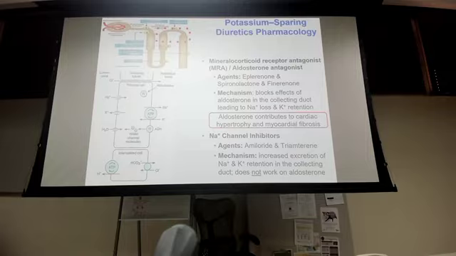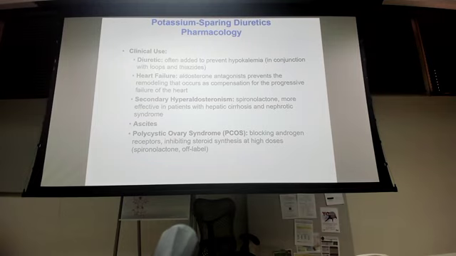That's the big difference between the 2 classes of the potassium-sparing diuretics. Aldosterone antagonists are going to block the hormone, aldosterone, and then the ENaC blockers will block the channel. As I mentioned, hypokalemia is what you're getting after with this, weak diuresis.